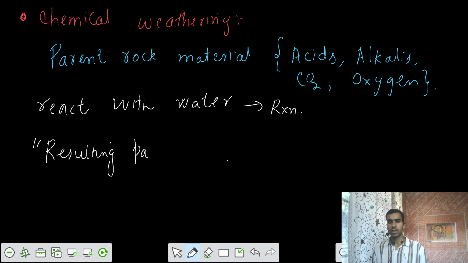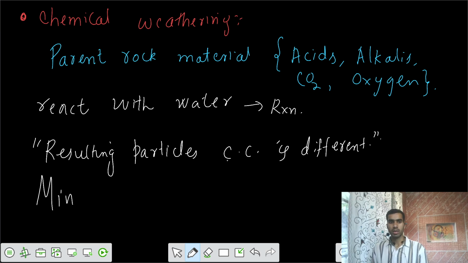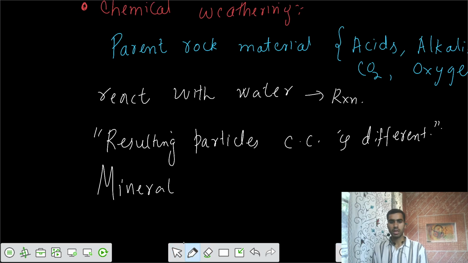The particles formed here we call clay mineral.